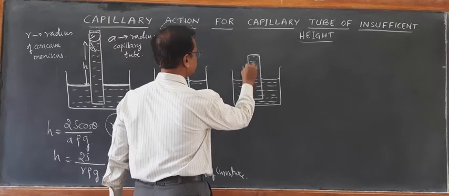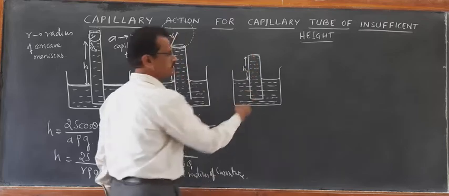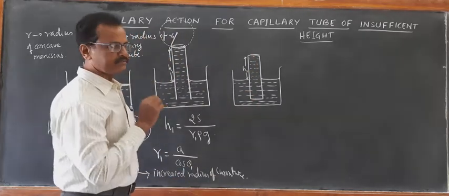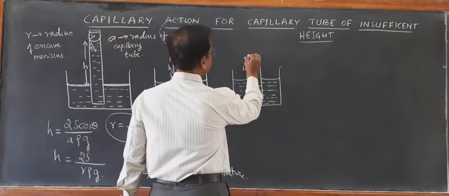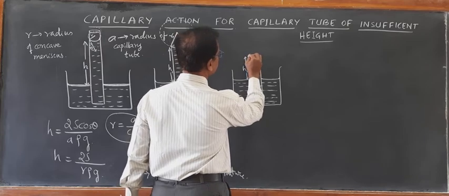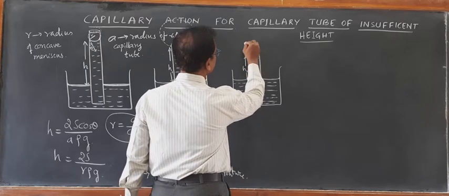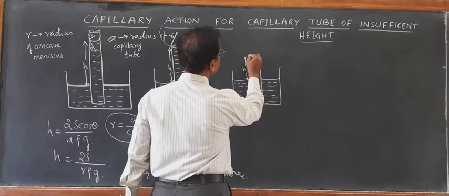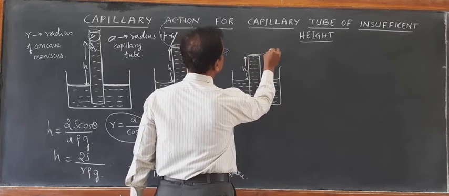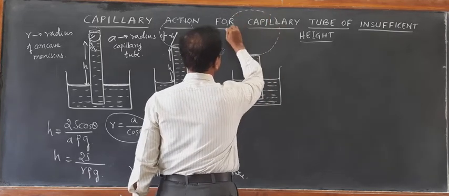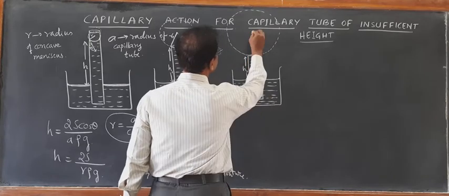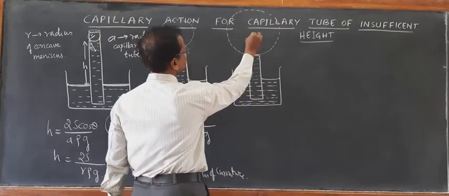I am going to write the height h2 up to which it can rise from the water surface. Here it will have a still larger curvature up to the brim. And if you draw the sphere, this sphere will be of still larger radius compared to this one.